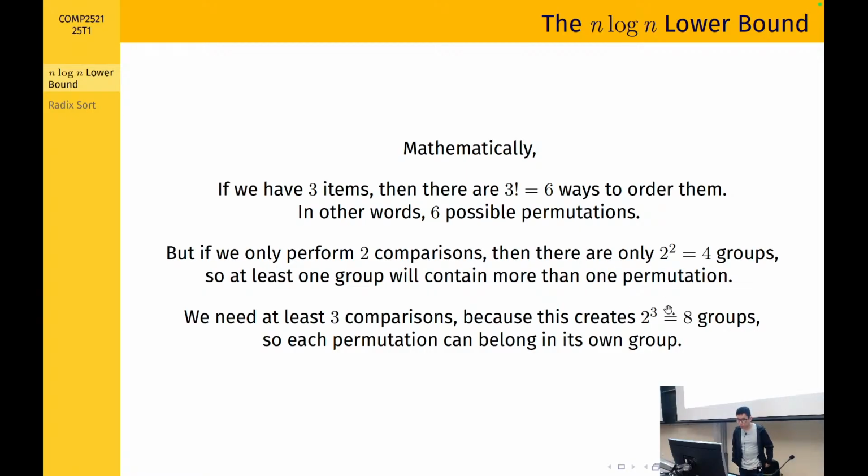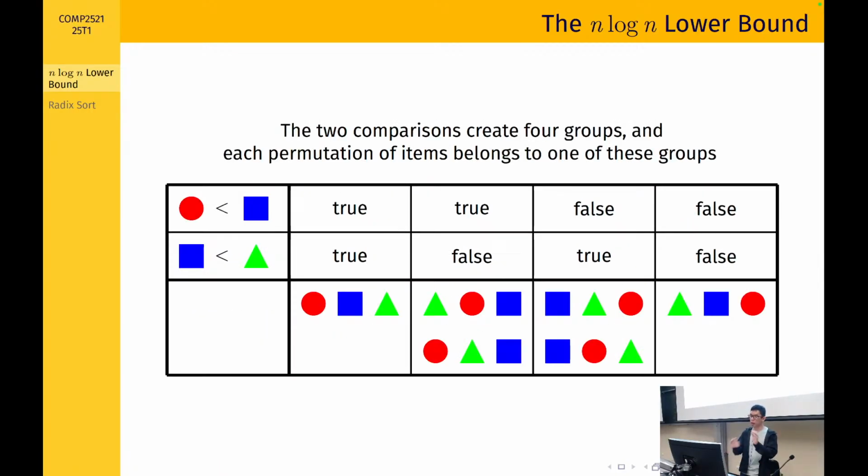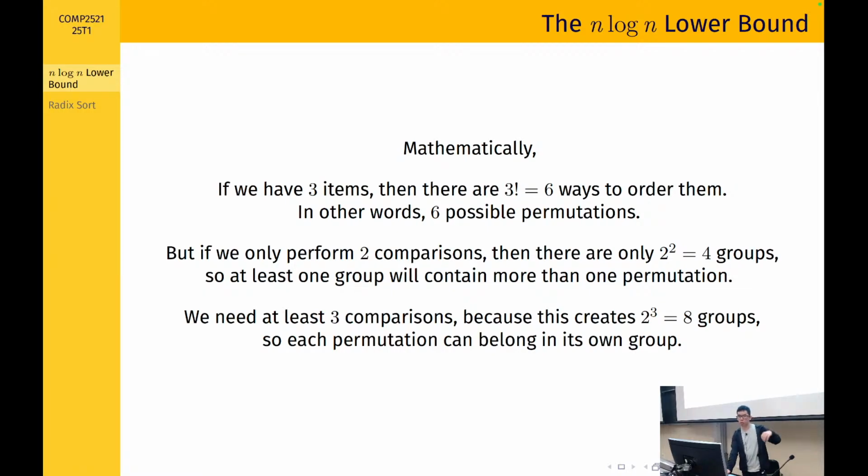And that means we need one more comparison in order to sort these elements. So we need 3 comparisons, because now we're going to have 8 possible combinations of results. 2 to the power of 3 is 8. And that means each permutation can belong to its own set of results.